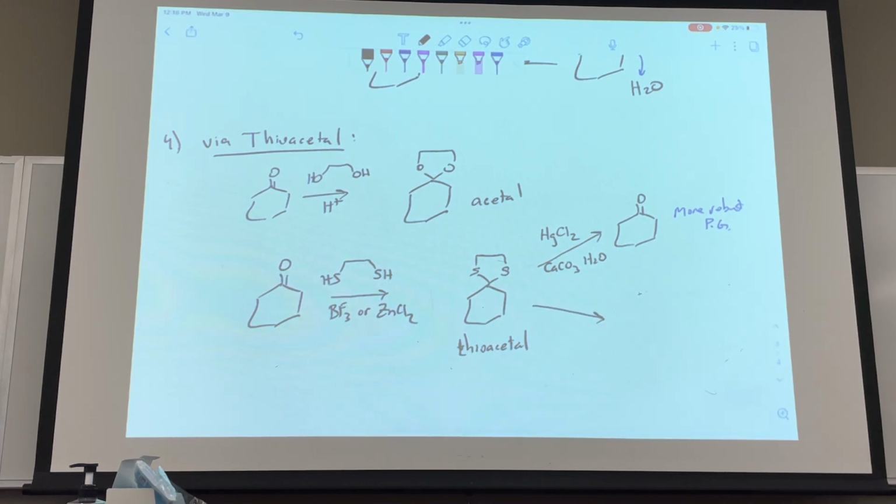Right? The other thing that you can do with these is they reduce. Treating the thioacetal with hydrogenation conditions in a material called Raney nickel, which is just a nickel aluminum alloy, is another way of reducing to the methylene.